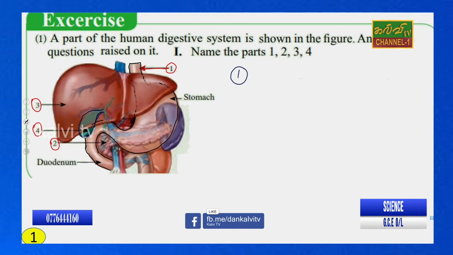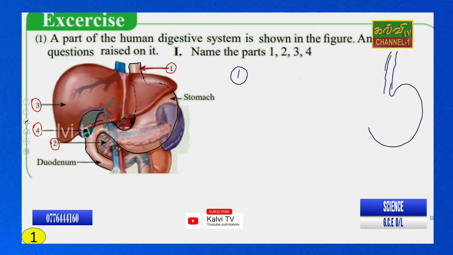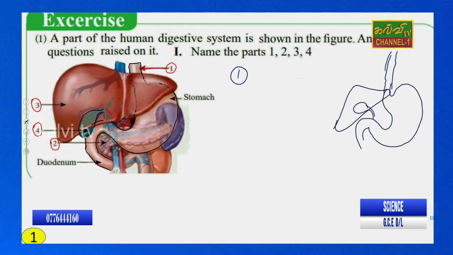Number 1, like the esophagus and the stomach and liver, bile duct, then the bile duct connects with the pancreas. Pancreas is mostly hidden by the stomach. So according to that, number 1 is here.